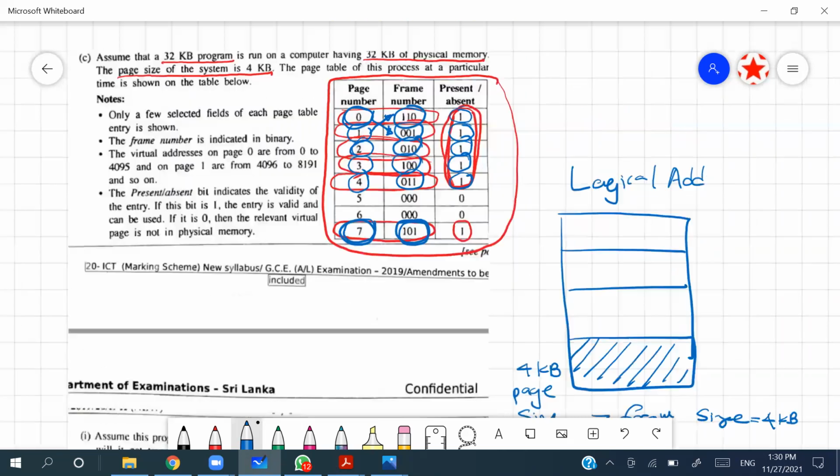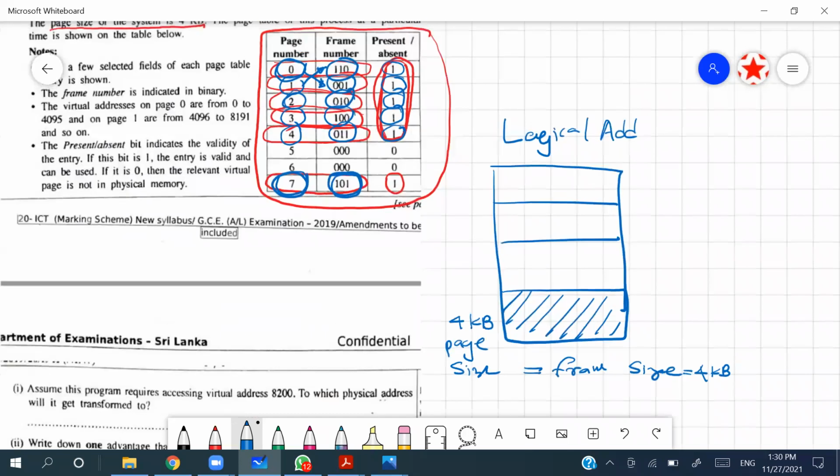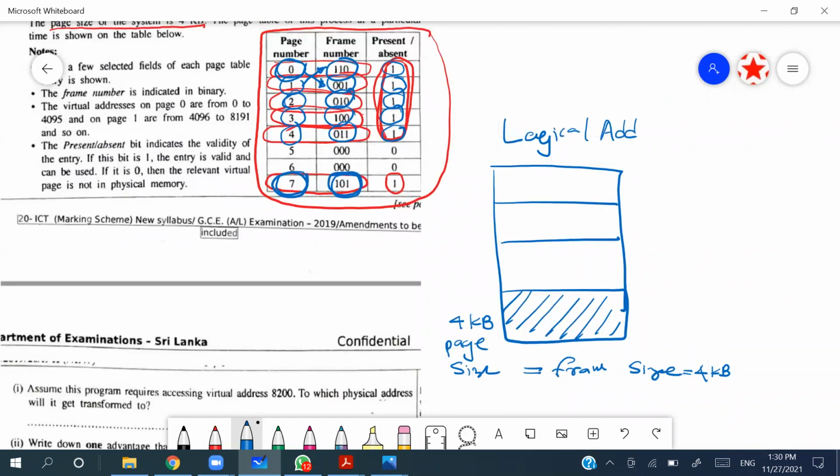Right, and here it says physical memory is 32 kilobytes big. If the physical memory is 32 kilobytes big, we can say how many frames there can be? 32 kilobytes divided by 4 KB.